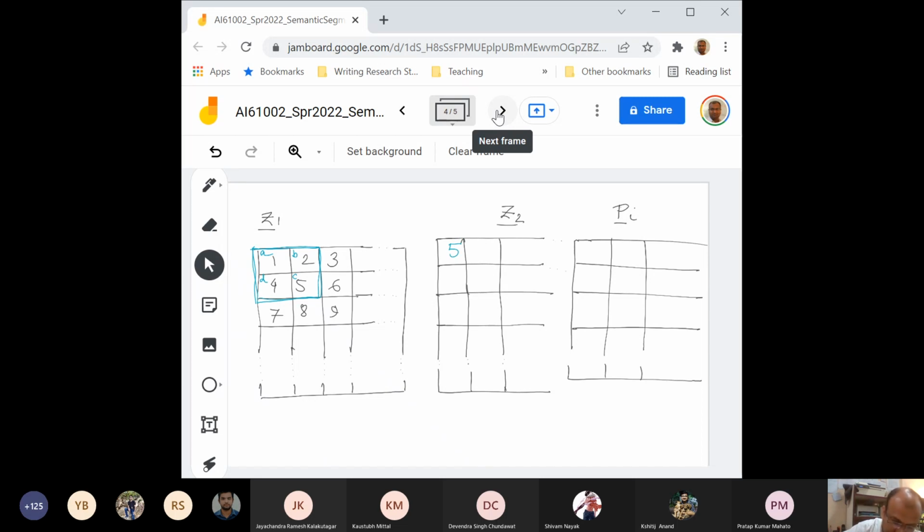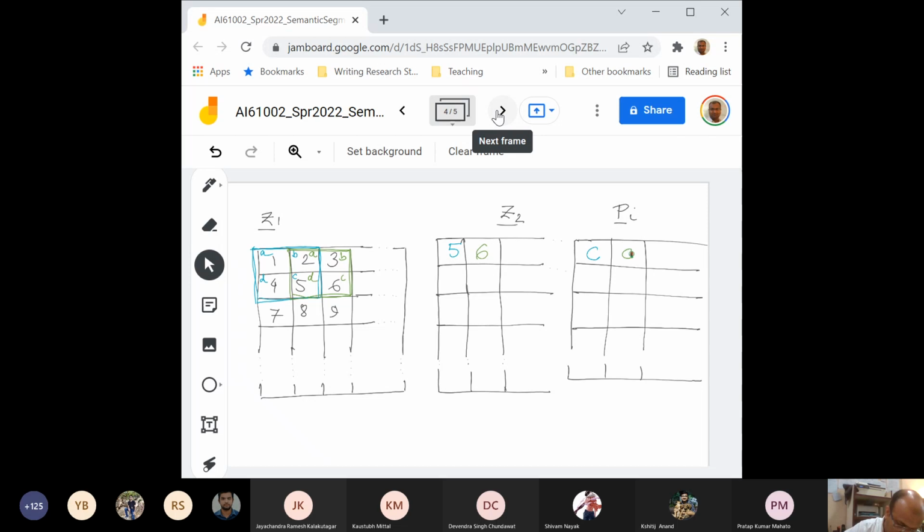That is C over here. Next, I'm going to take this window. What is the maximum value over here? This window will now have A, B, C, D. For this one, the maximum value is 6, and this comes from the location C.